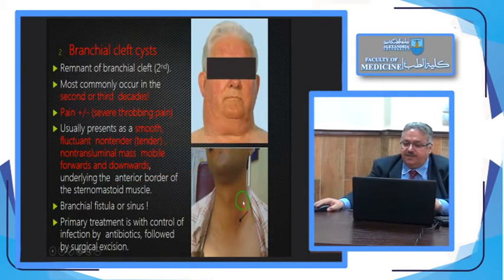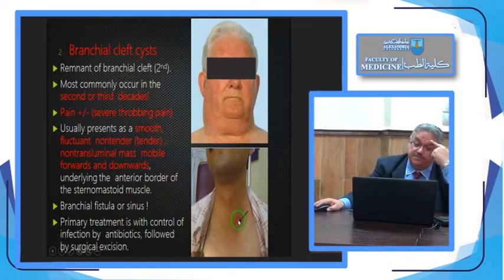Very important, it is located underlying the anterior border of the sternocleidomastoid muscle. If infected and bursts to the skin, it leads to the formation of a branchial fistula or sinus. The primary treatment is to control infection by antibiotics, followed by surgical excision.